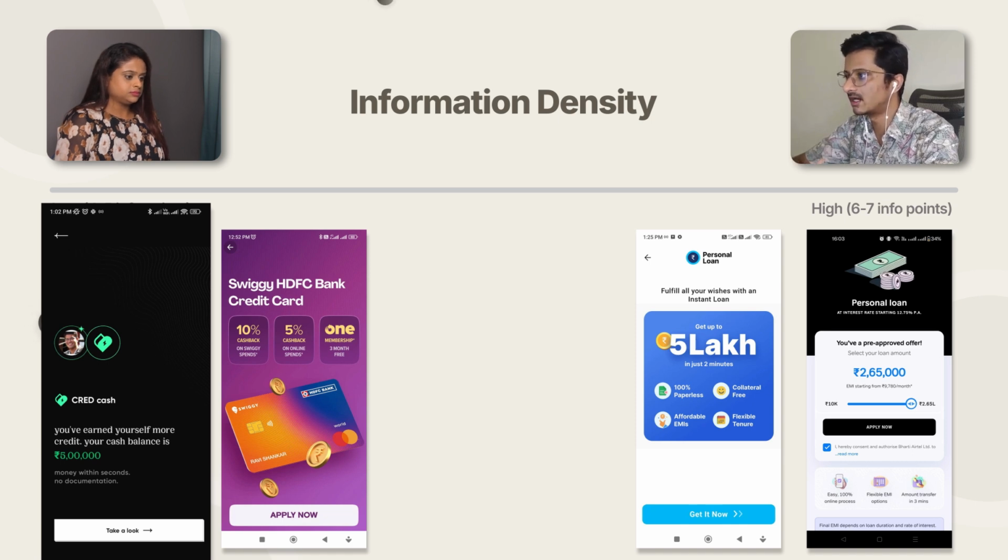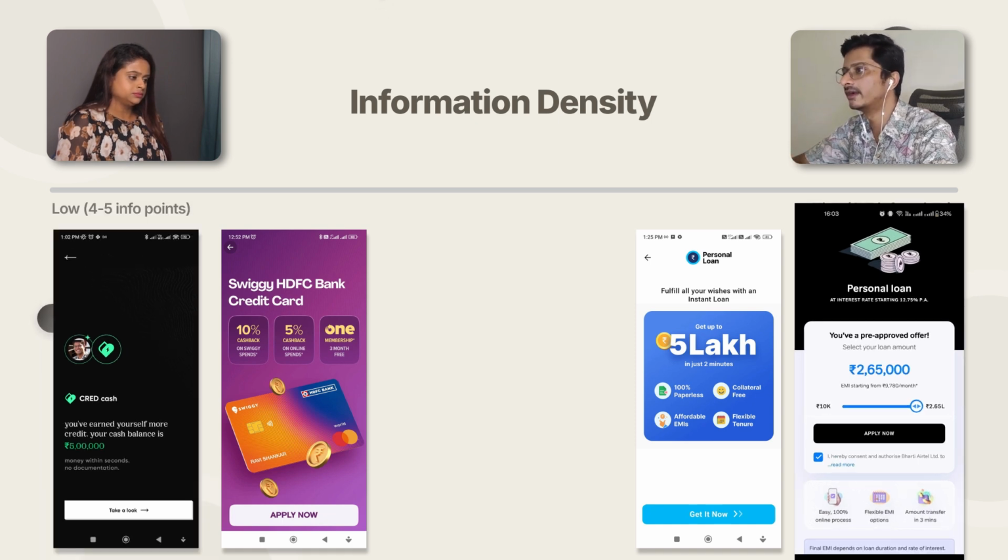It's very easy and calming to the user. It might have more steps than, let's say, what Airtel has here, where it has presented all pieces of information like the interest rate, the EMI, the benefits, the terms and conditions, all on the first page, first step itself.